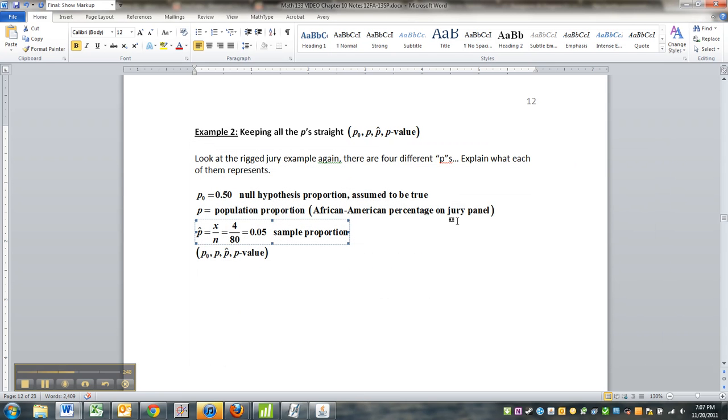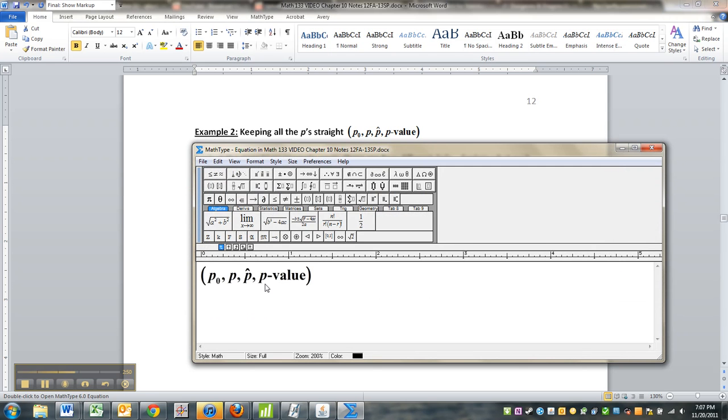And then you have the p-value. The p-value is the probability of p hat being where it is or lower, because it's a left tail.